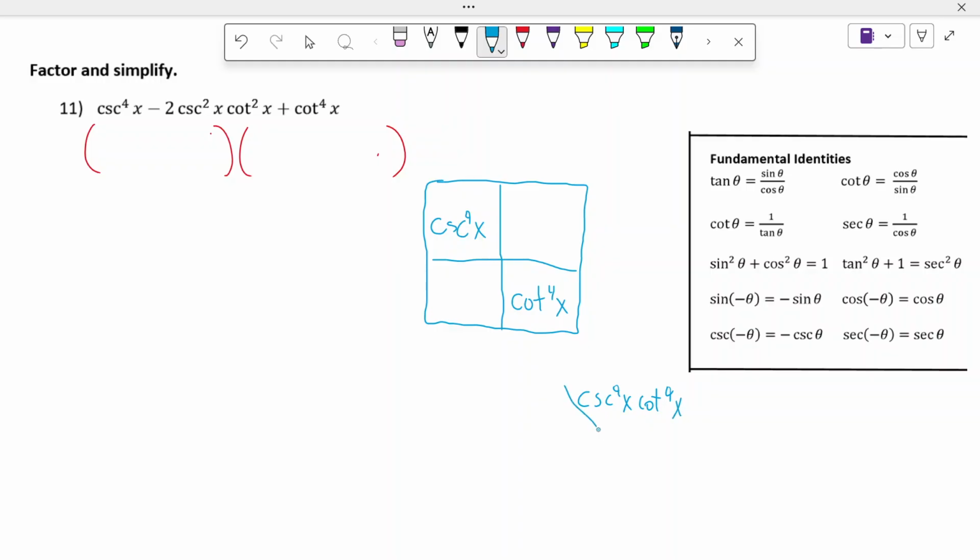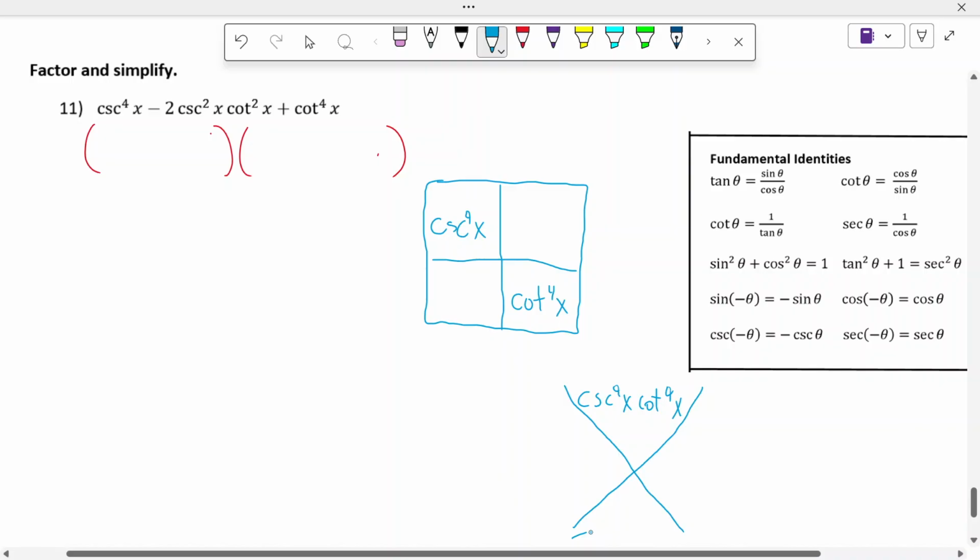And of course, that's part of our diamond problem. What multiplies to make those two things, but actually adds to make this? It's negative 2 cosecant square and cotangent square. Barely fits in there. So that's that middle term.